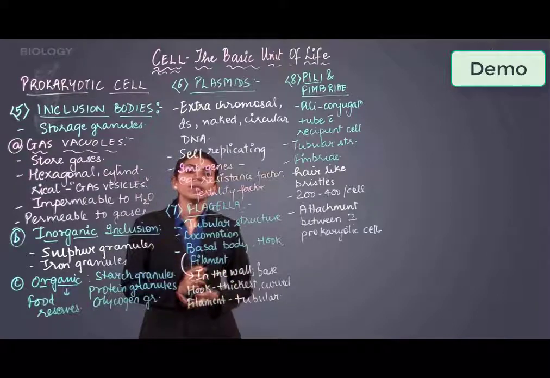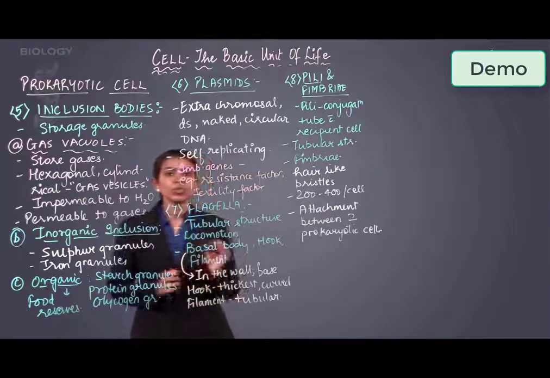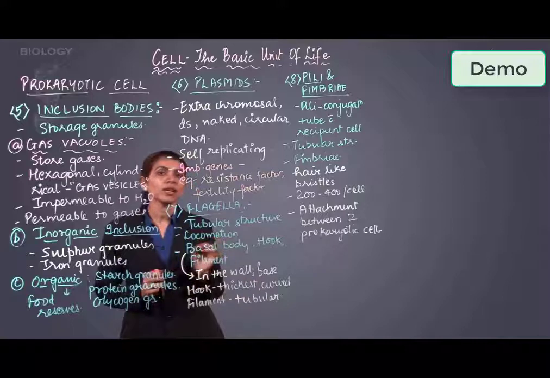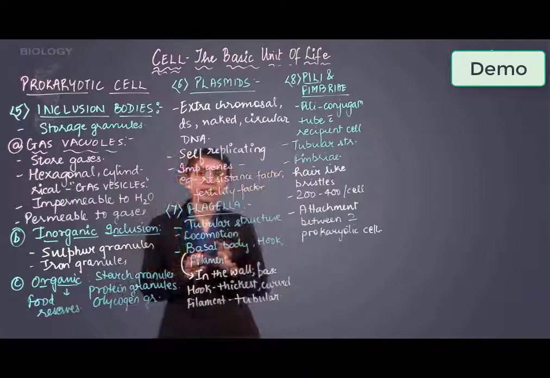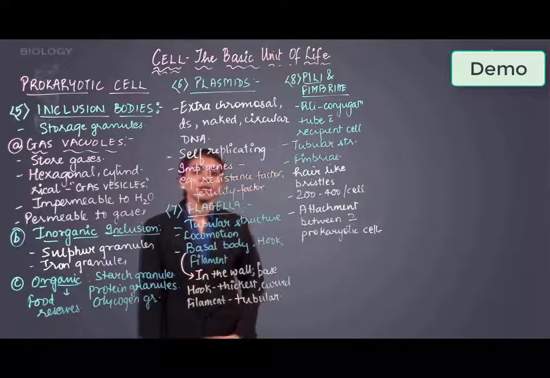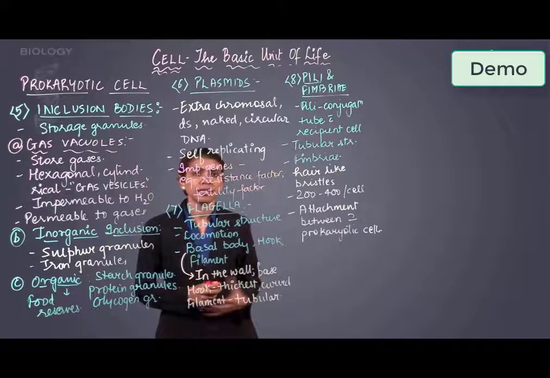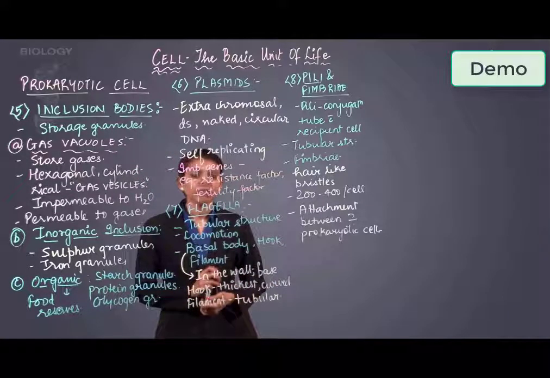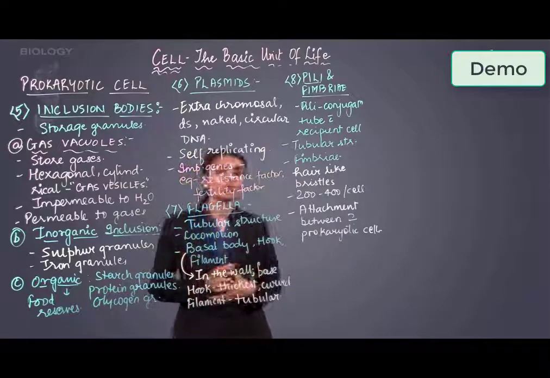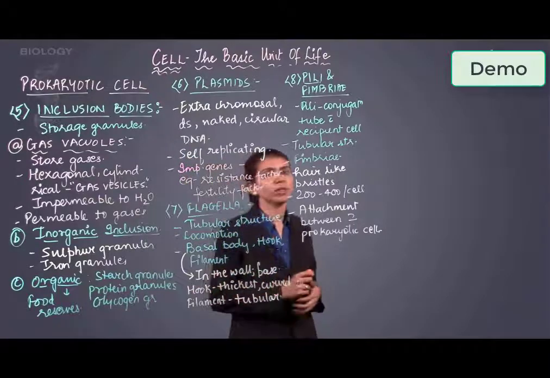Coming to plasmids, plasmids are basically extra chromosomal DNA structures. So these are extra chromosomal double-stranded circular naked DNA. These are capable of self-replicating. They have important genes, for example, the gene having the resistance factor or the gene having the fertility factor. Also, we have the flagella, which is a locomotory organ of the bacterial cell or the prokaryotic cell.